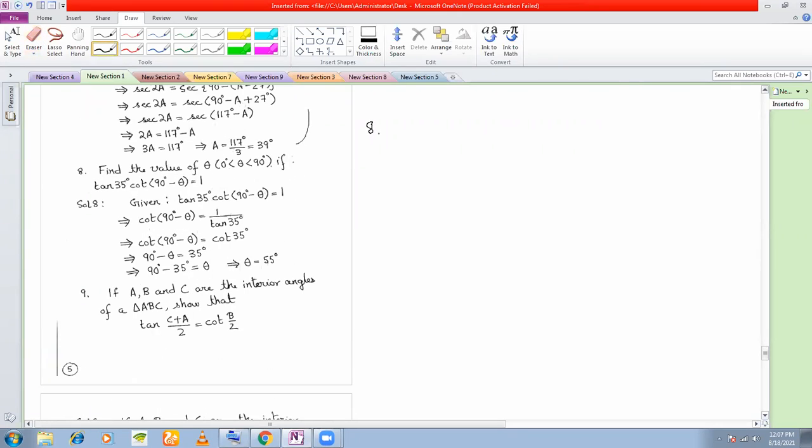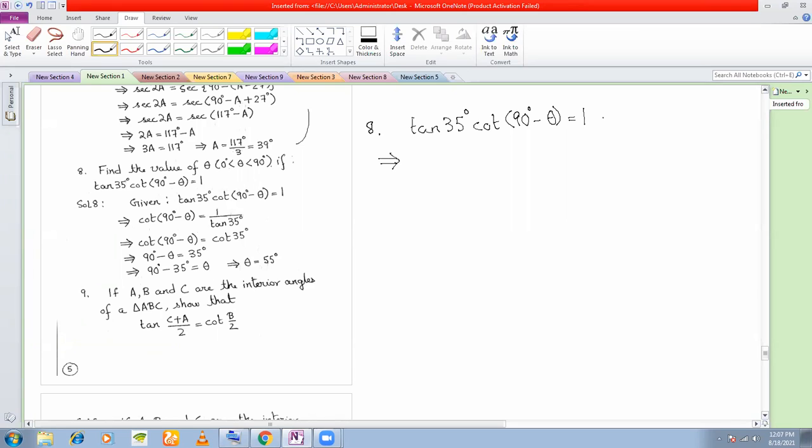Number 8. Find the value of theta if, again this is a trigonometrical equation, tan 35 degree cot 90 degree minus theta is equal to 1. You have to find out the value of theta. Okay.